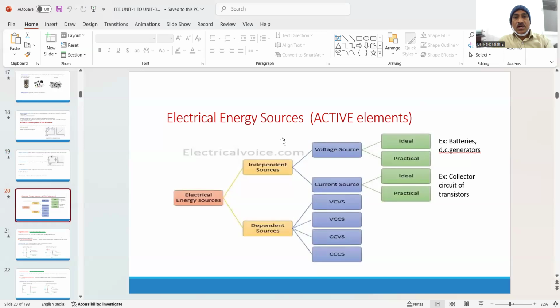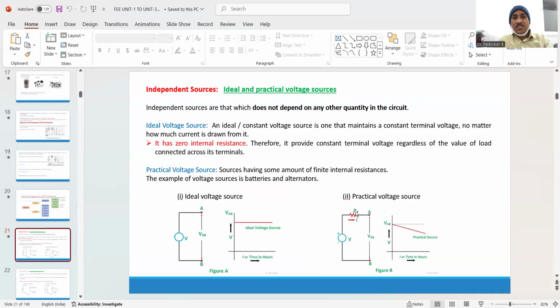So electrical energy sources we have here. Basically, sources have been classified into two types only: independent sources and dependent sources. Again, independent sources have been classified into two types: ideal sources and practical sources.